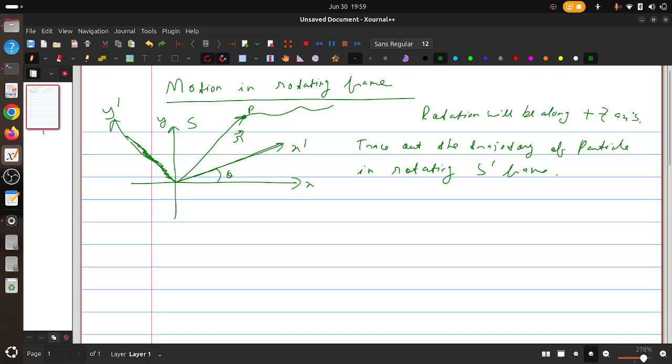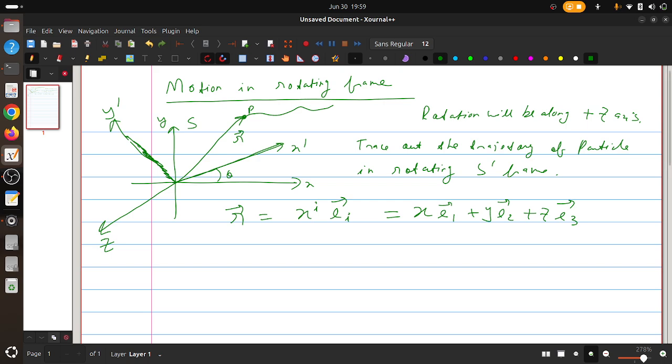So we know that the R vector is equal to x_i e_i. If I expand this, it will be x e1 plus y e2 plus z e3, correct? z is out of the plane here, and this S prime frame is rotating along this z. So the axis is fixed along z, and then it is rotating, right?